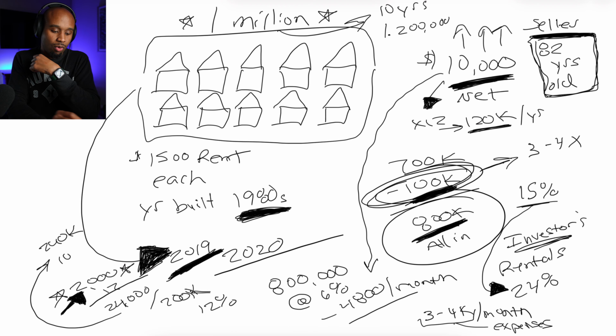So you got 440 grand that you've made in 10 years. Now you divide that by 10 years, you've made 44 grand a year. My arrows are crazy. Yeah, man. So that's pretty good income.